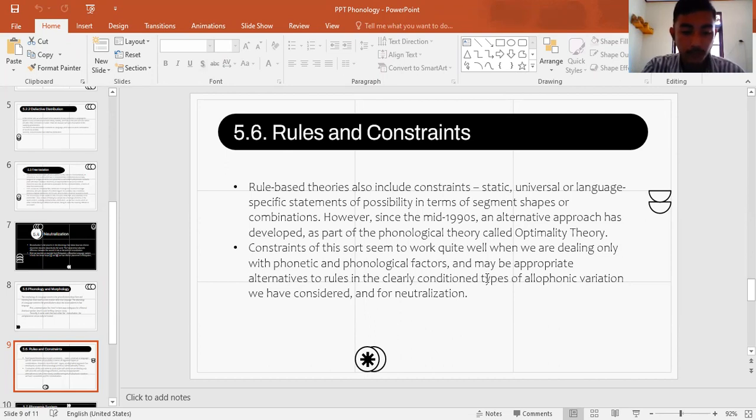Constraints set out what must happen or what can happen. For example, sounds b, d, g have no aspiration; voiceless stops are aspirated syllable-initially. There are no sequences of s plus a voiced stop.